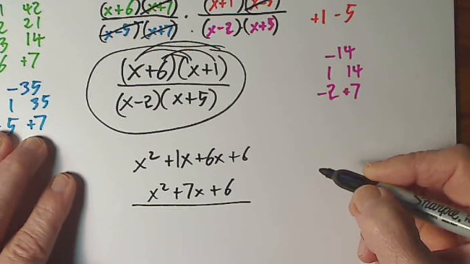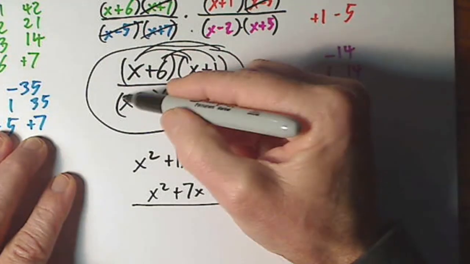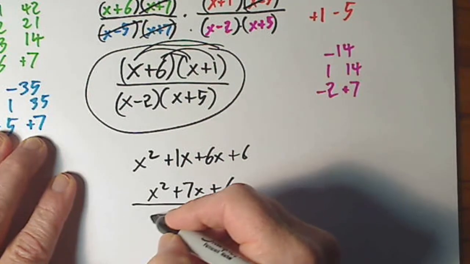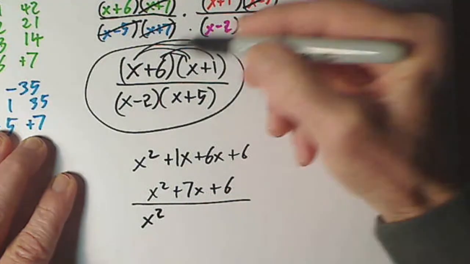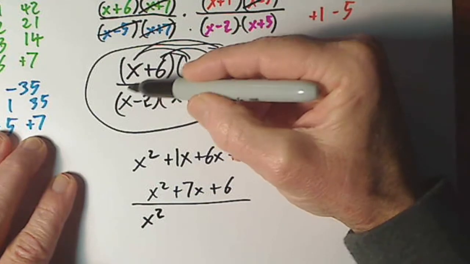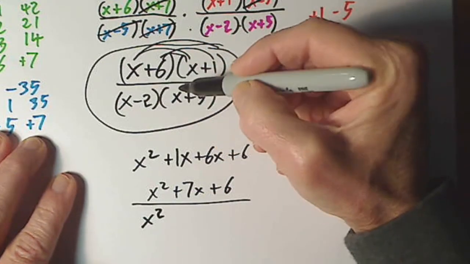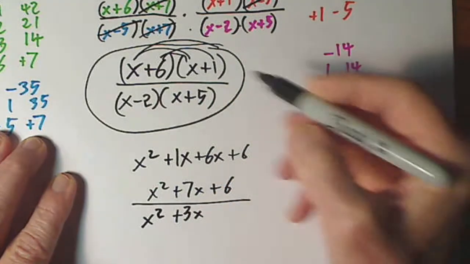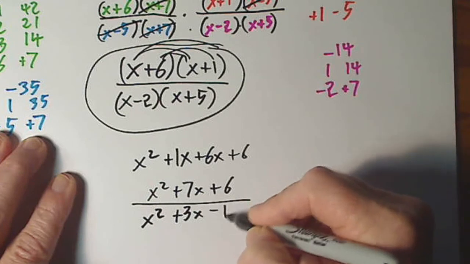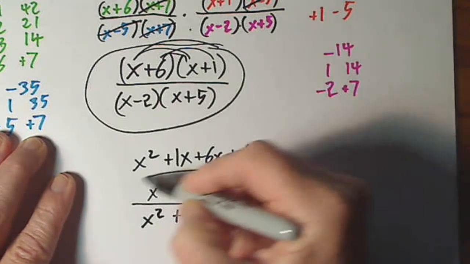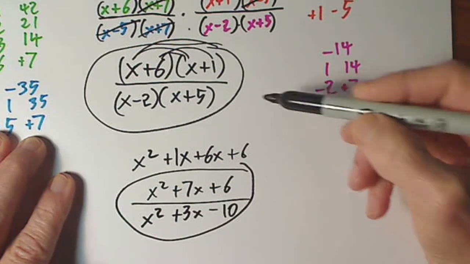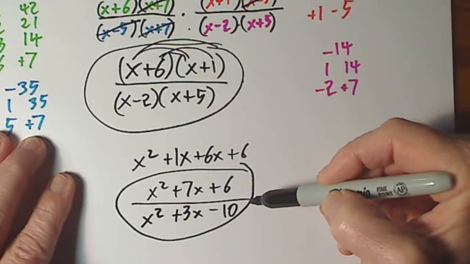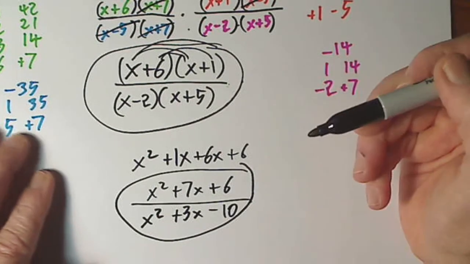And your denominator, that would be x squared. I'm going to do this one more in my head. X squared plus 5x minus 2x would be plus 3x, and then minus 10. So this means the same as that, but again, usually they're perfectly happy with that answer.